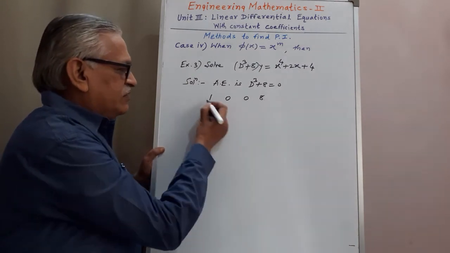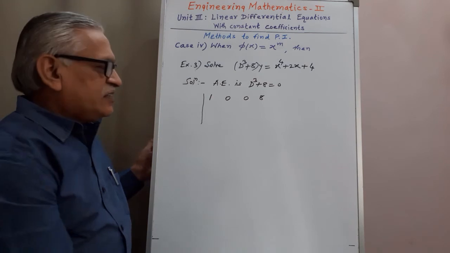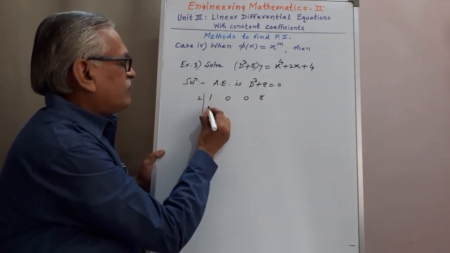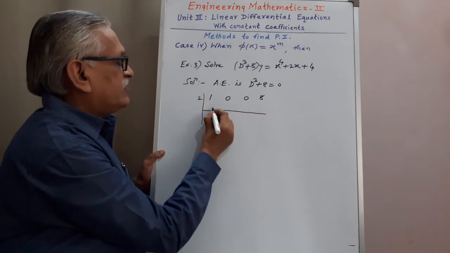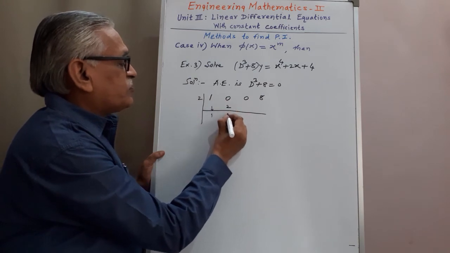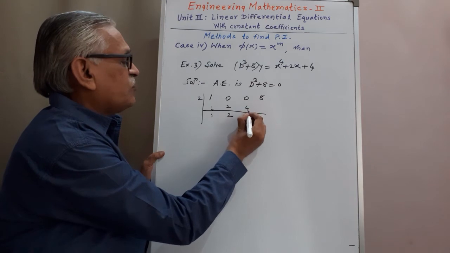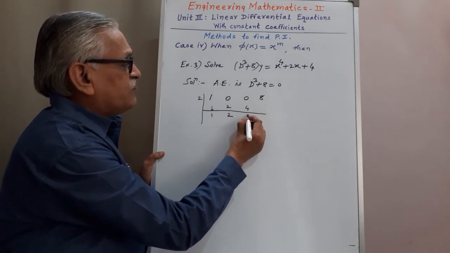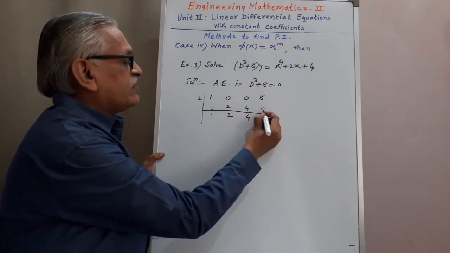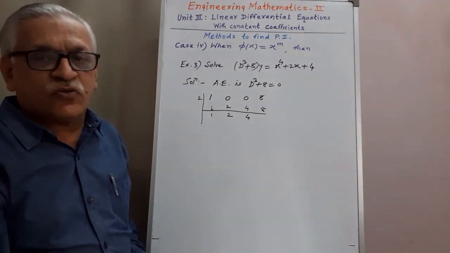Therefore factors of 8, 2 is one of the factor, therefore I can check it for 2. 1 into 2, sum is 2. 2 into 2, we get 4, sum is 4. And 4 into 2 is 8, last sum is not equals to 0. Therefore 2 is not the root.